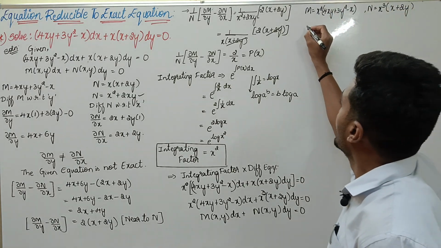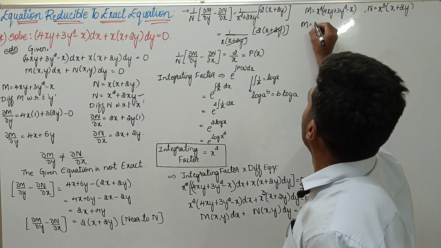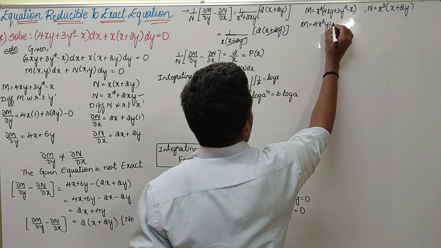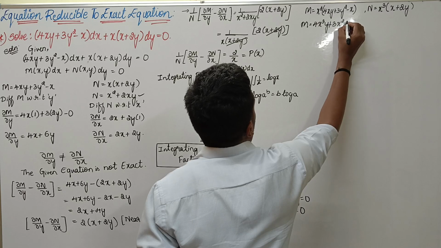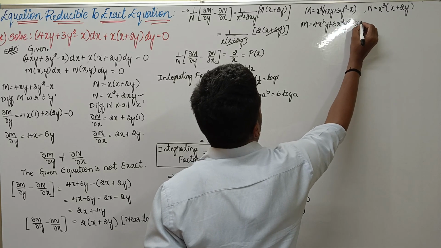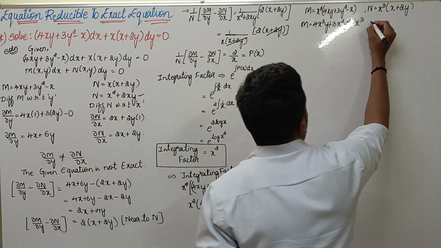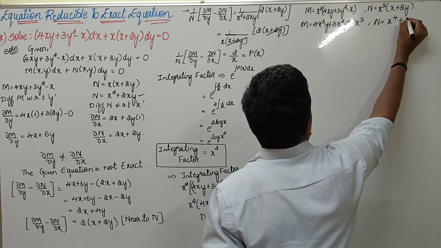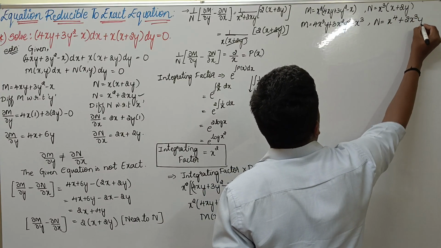Multiply x square in m, that is 4x cube y plus 3x square y square minus x cube. Now, similarly, n which is equal to x power of 4 plus 2x cube y.